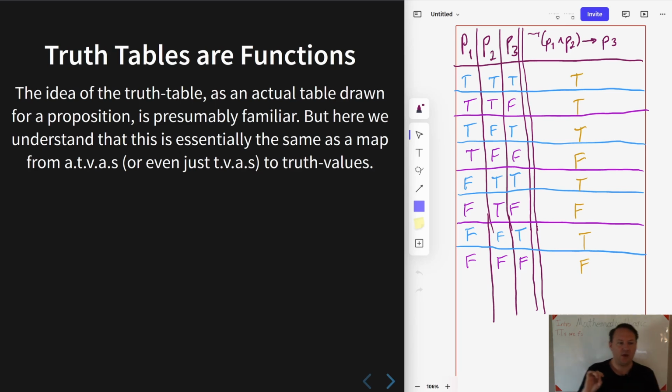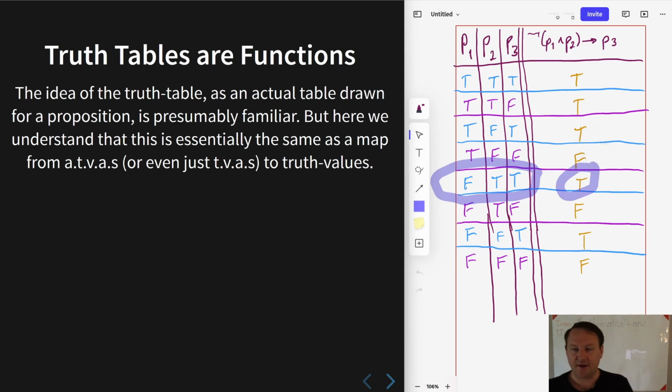And the point that I want to make here is that truth tables are effectively functions from what is like a truth value assignment here over to the truth value that the sentence takes on this truth value assignment. So from this perspective, truth tables are basically like maps from really atomic truth value assignments to some truth value, true or false.